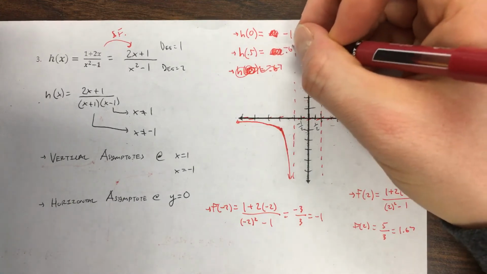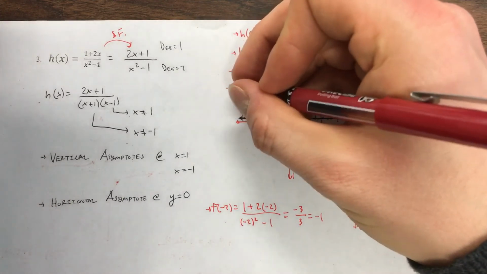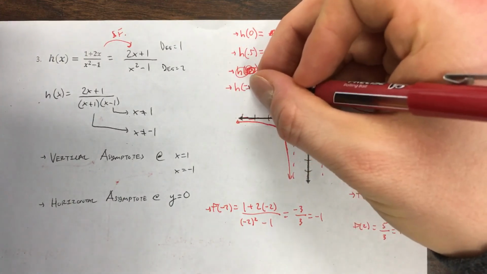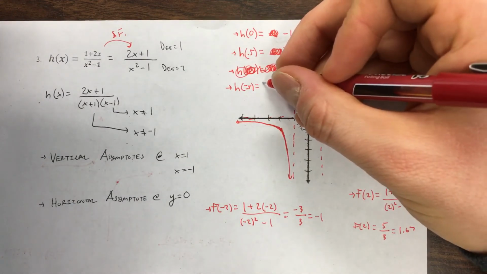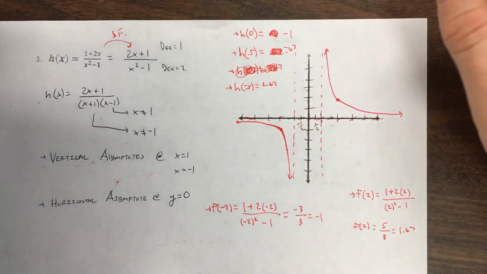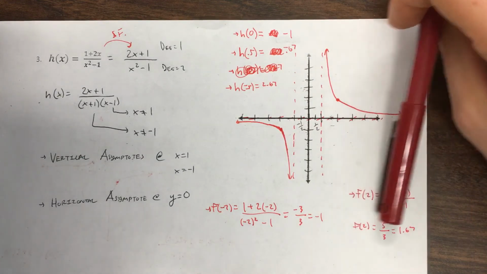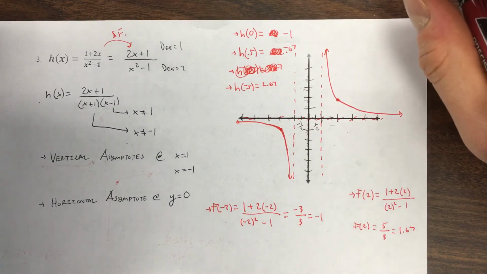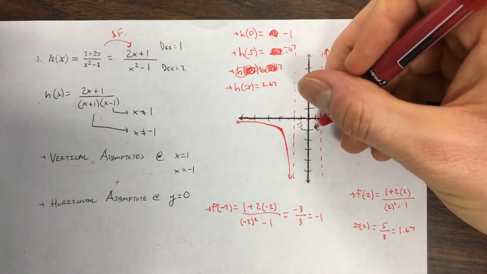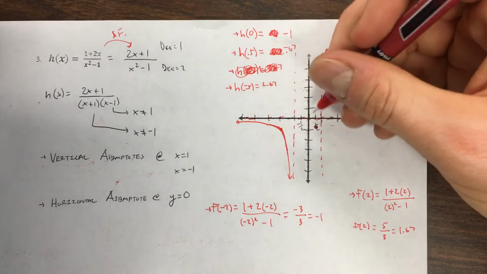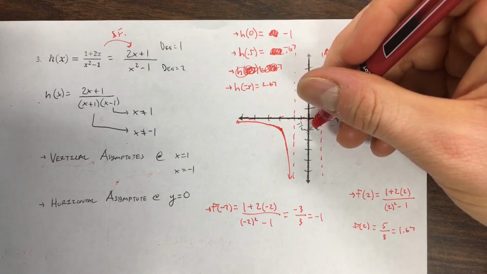Something like that. Essentially what's happening here at 0.5 is going to be negative 0.67, so it's going to be hitting here. At 0, it's at negative 1.